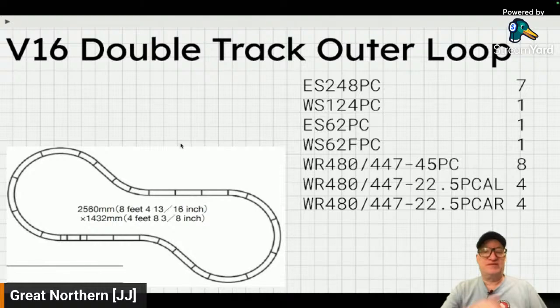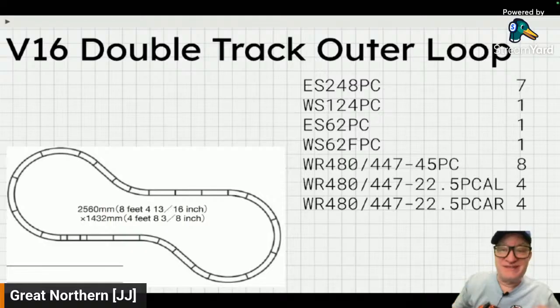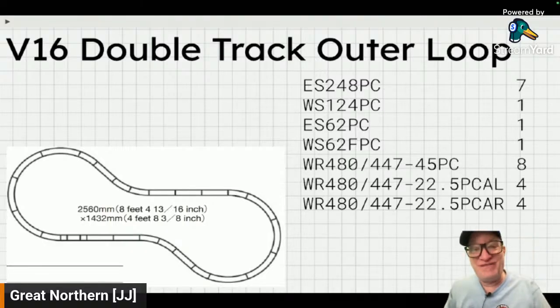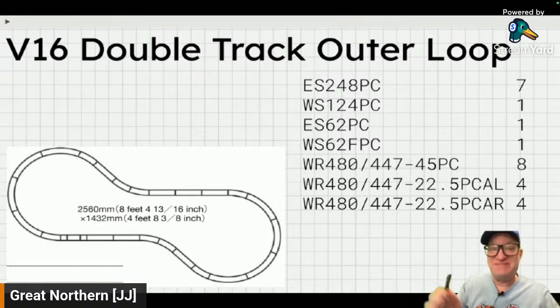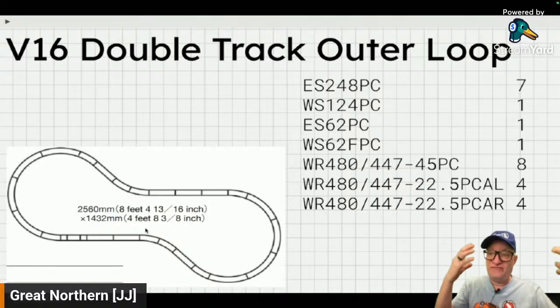Then we get, this is the largest oval, and you'll see that the dimensions are larger, but this could fit outside of the other one. So if you wanted to have 6 trains running at the same time around this kind of dog bone, you could do it. All Kato Unitrack, you just need a bigger piece of real estate.